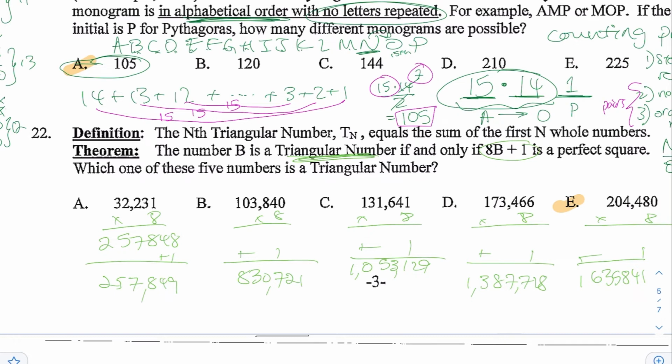And you definitely need a calculator for this one. And I think only choice E should be the only one that is a perfect square. This is 1279 squared. So you just have to follow the rules here, and you'll definitely have to use a calculator for this one, because all the other choices you can't really tell if they're perfect squares or not, because the numbers are really large.